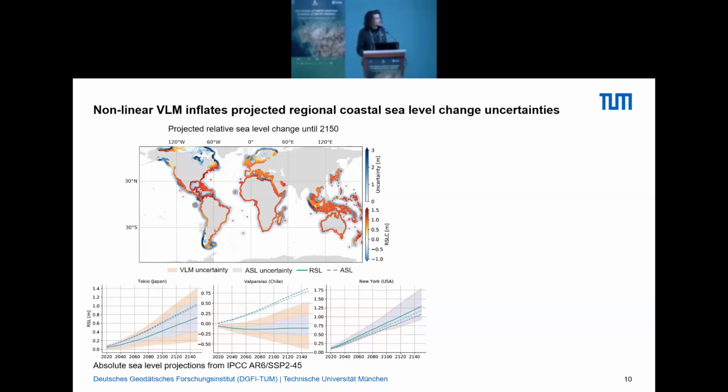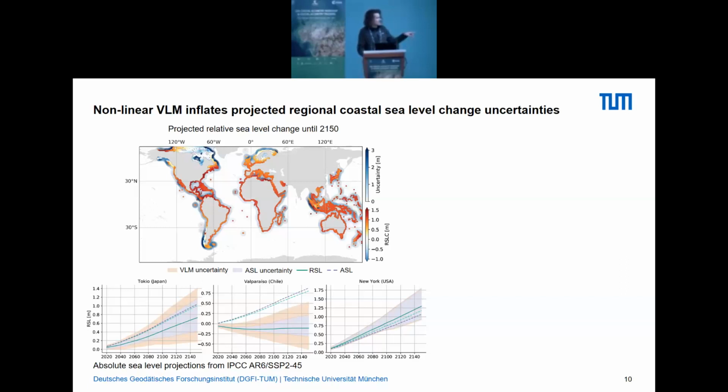And here I show a map of future relative sea level changes in 2150. And below I show some time series where the green line shows the projected relative sea level. The blue shaded area shows the uncertainty contribution from absolute sea level as projected, and the orange area shows the vertical land motion uncertainty contribution.